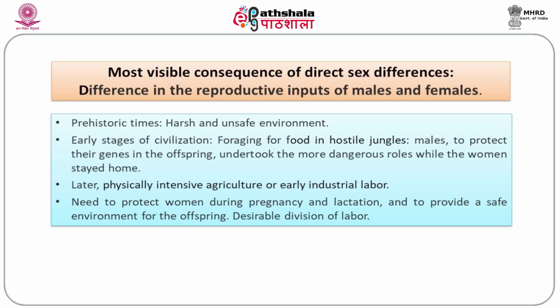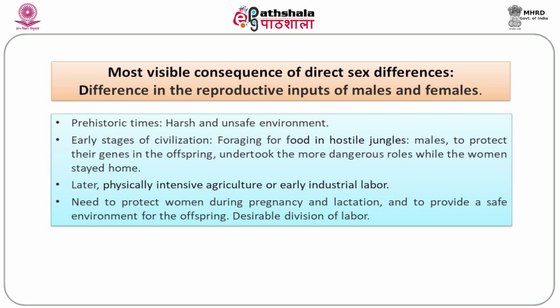The males had to protect their genes in the offspring, so they undertook the more dangerous roles while the women stayed at home. This was helped by their physical, sexually ordained muscle mass. And later the physically intensive agriculture, early industrial labor, and there was need to protect women during pregnancy and lactation and to provide a safe environment for the offspring.